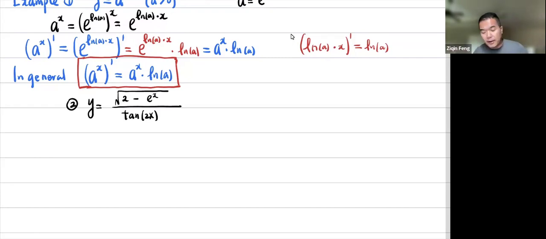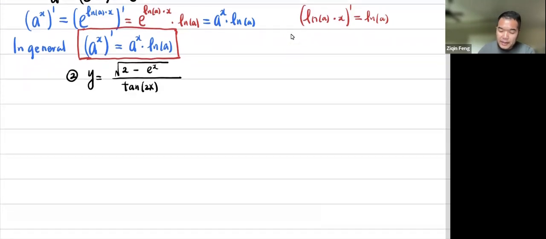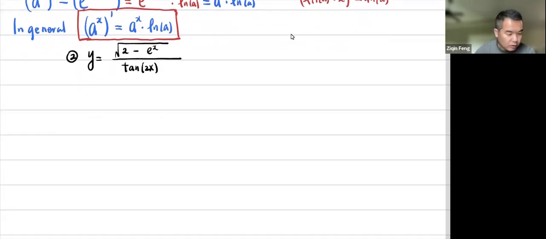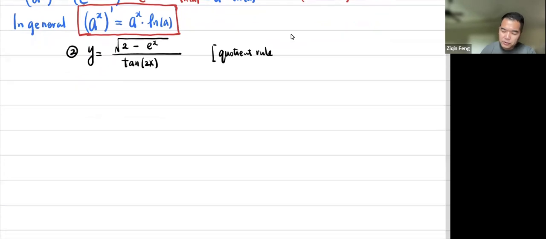We want to apply the rules we have so far to differentiate this function. What rule do we apply? You see a quotient, so we can apply the quotient rule first. We need to use the quotient rule.